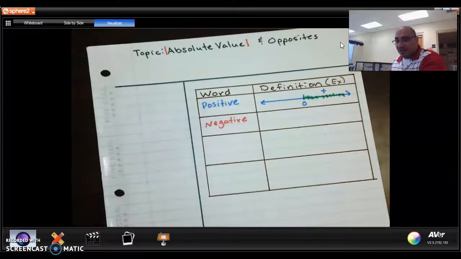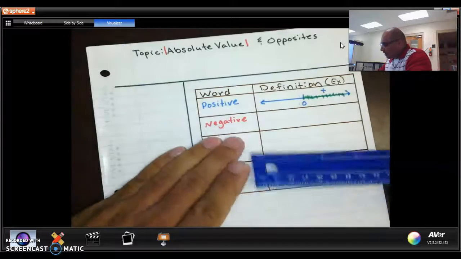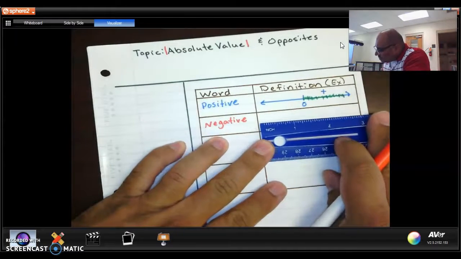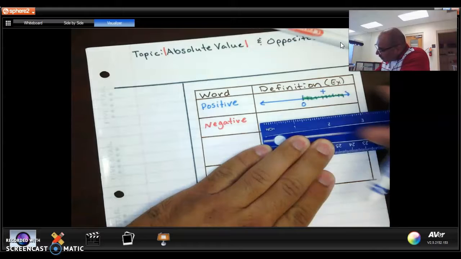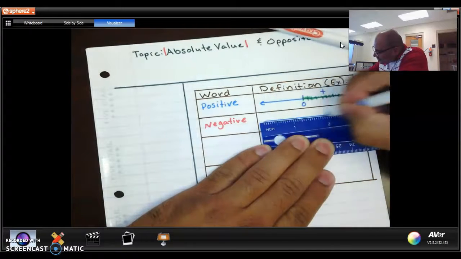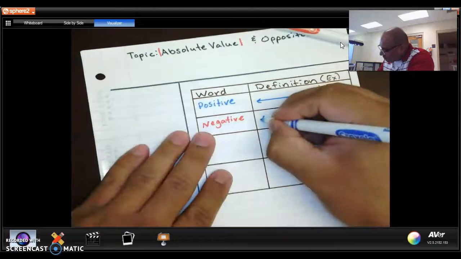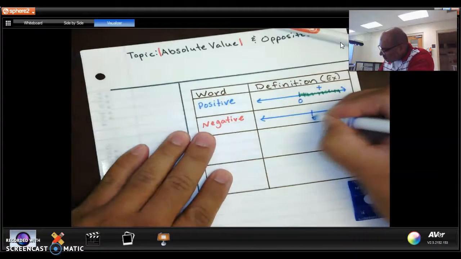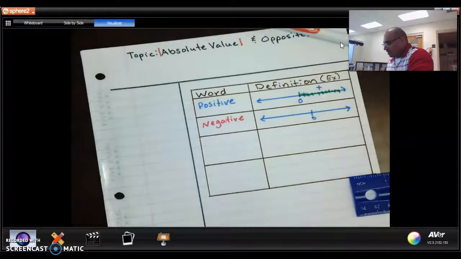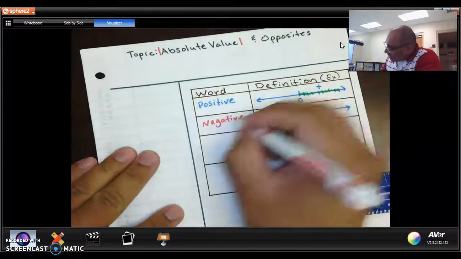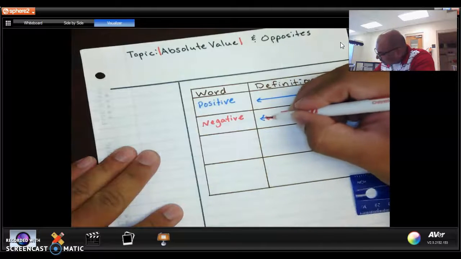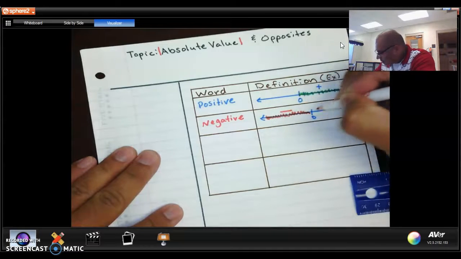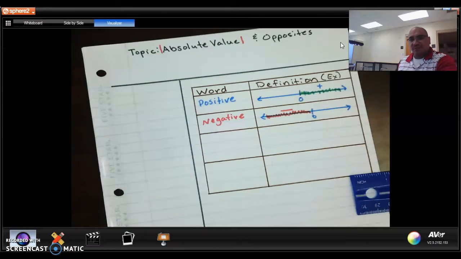So anything to the left of our number line. And I'm going to make a little diagram again of our number line. And again, negative is anything to the left of the number line from 0.